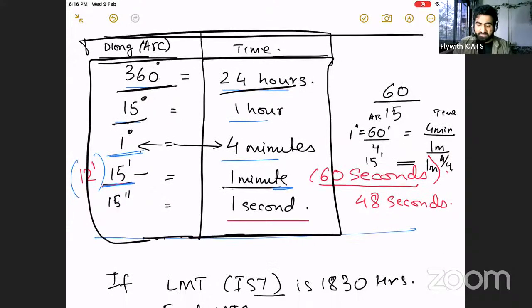Now these values are, how much is 1 second of time in terms of degrees, arc and minute? 15 seconds of arc on an equator gives me 1 second of time. 15 minutes of arc gives me 1 minute of time. 60 minutes of arc or 1 degree of arc gives me 4 minutes of time.